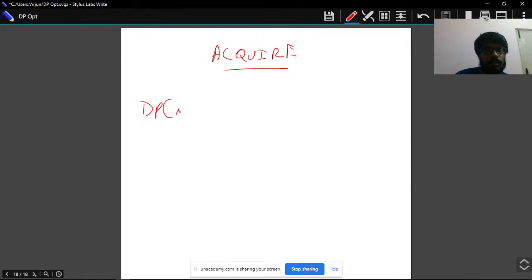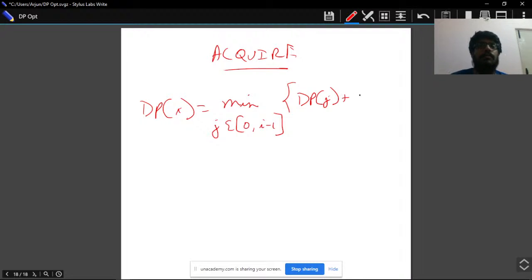DP of i is min over j from 0 or 1, I don't know, to i minus 1 of DP of j plus, the widths were increasing, heights were decreasing, so height of j plus 1 times width of i. Yeah.